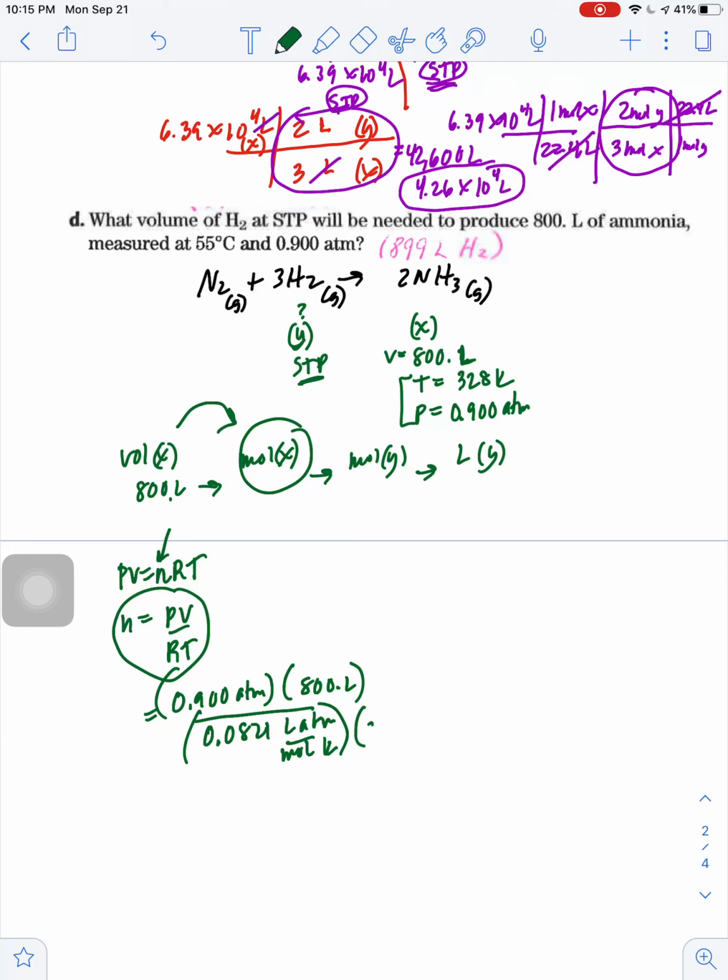And the temperature is 328 Kelvin. Atmospheres, liters, Kelvin leaves you with moles on the bottom of the bottom, which would flip to be on the top. So that's correct algebra. So we need to just solve this for moles.